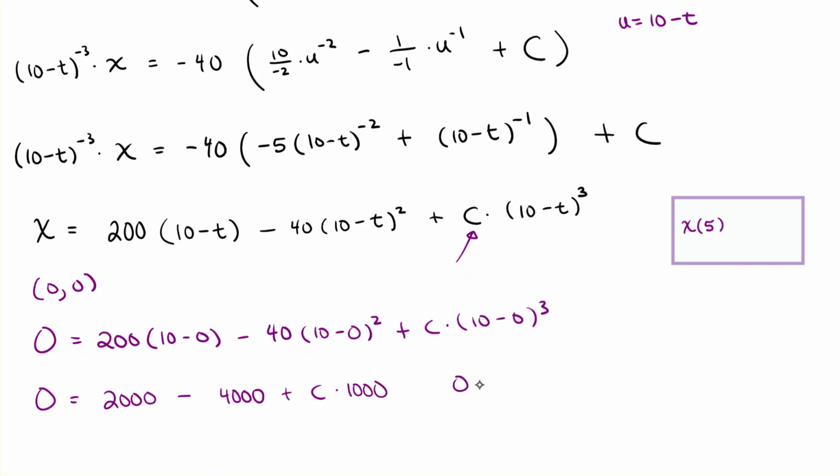So we have the equation 0 equals negative 2,000 plus 1,000c. So when we solve this, we're going to add the 2,000 over, divide by 1,000, we get c needs to be equal to 2. We're going to plug that back into our original equation, and then we can evaluate the amount of pollutants remaining in the tank at 5 minutes.